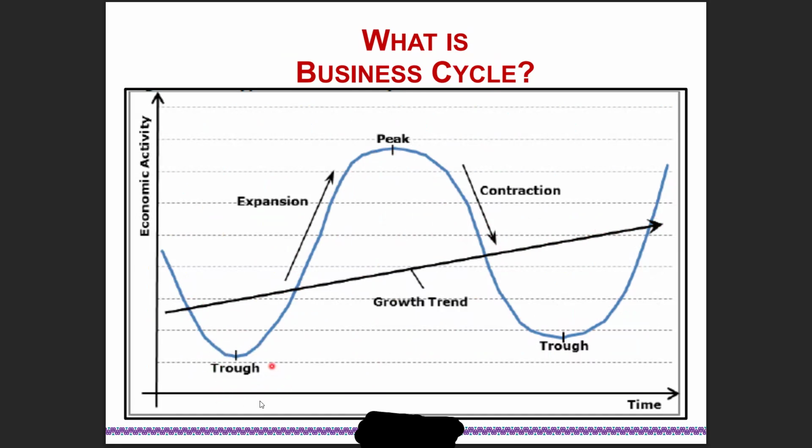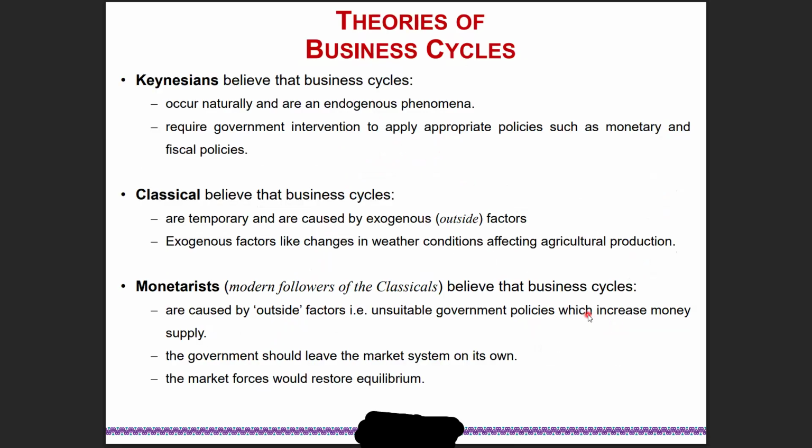This is where the economic activities are declining. And then an expansion, where the economic activities start to shoot up. And then we have a peak, where economic activities are constant. And then we have a high growth rate and a contraction. They start to slow down, right? Going back to the trough and so on.